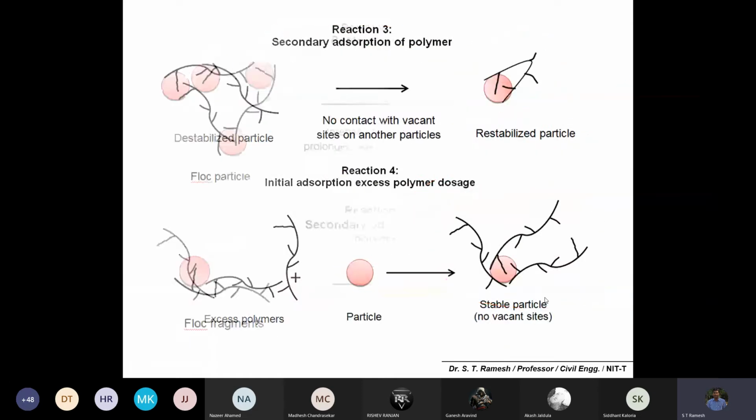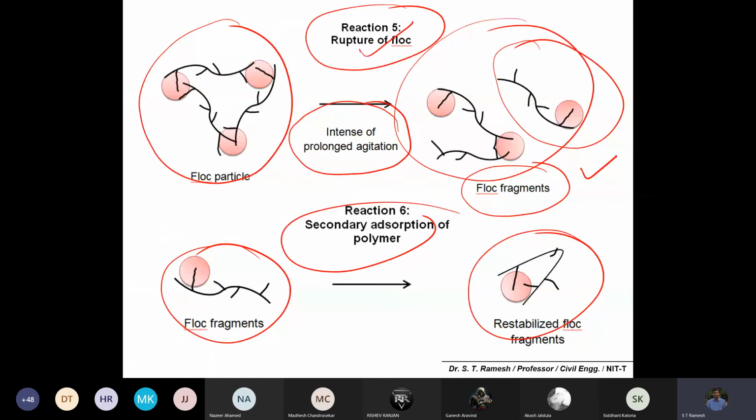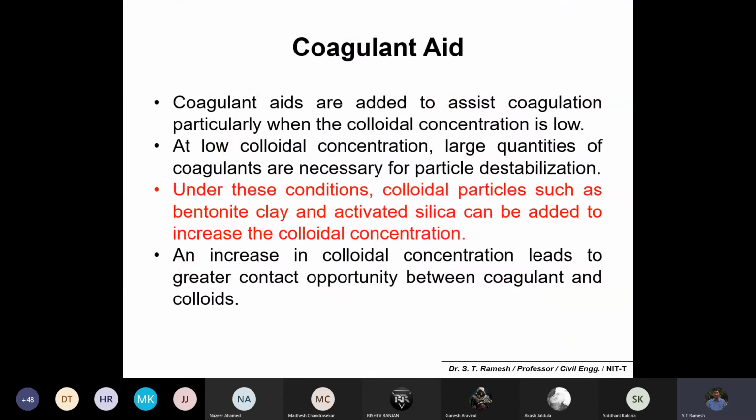And fifth, if there is excess or intense or prolonged agitation, it will end up with rupture or fragmentation of the flock particles like this. And if there is fragmentation, then again there could be a possibility of restabilization of particles. These are the 6 reactions you can have in polymeric polyelectrolytes or polymer coagulants. Is it fine?